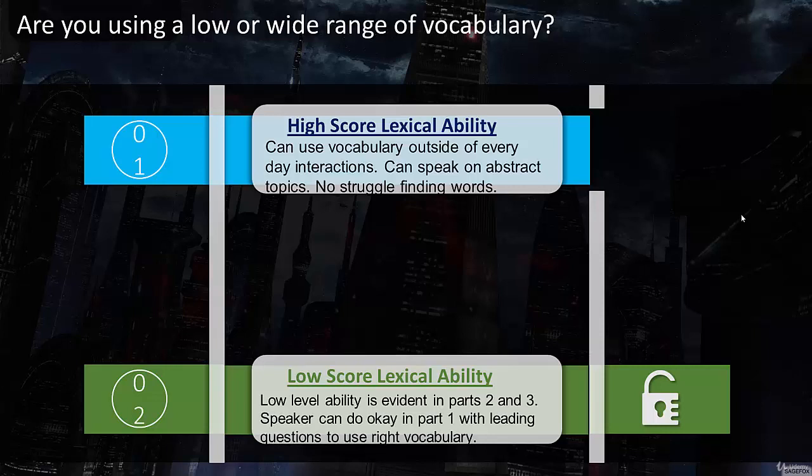For low-level students, this ability is really evident in parts 2 and 3. Most people can get by in part number 1 because it's really straightforward questions. But low-level lexical ability really reveals itself in parts 2 and 3. That's why I've told you, part number 2 is really what sets the mark.